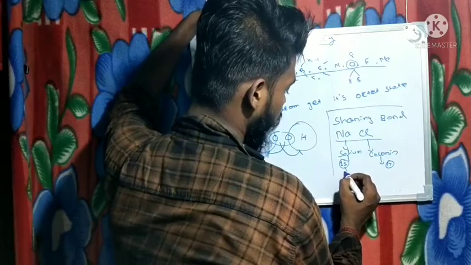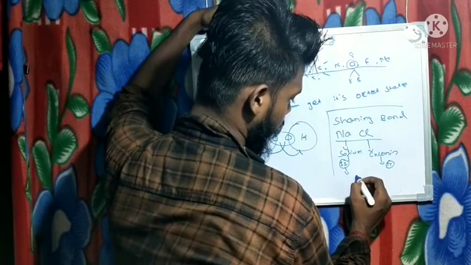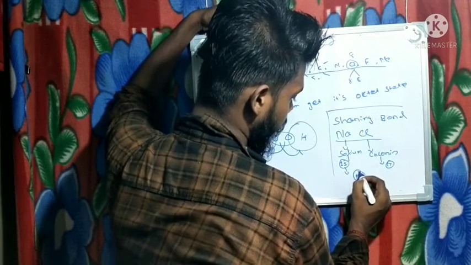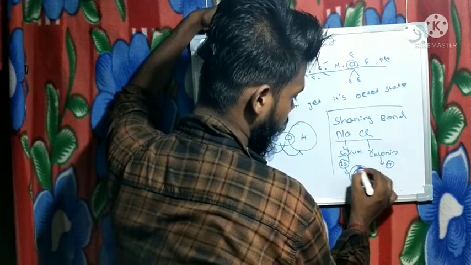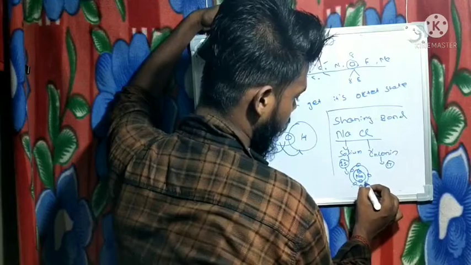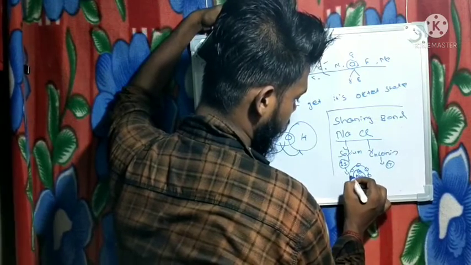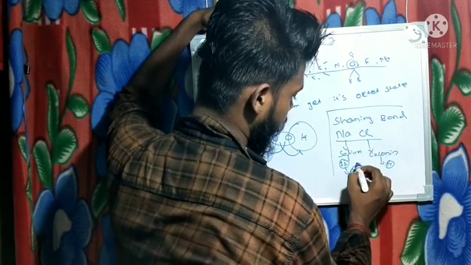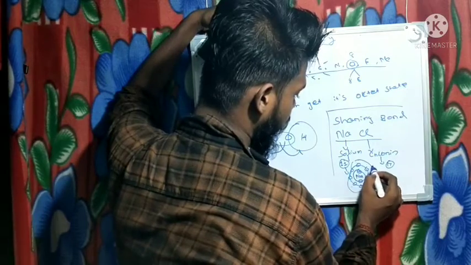If you see the electronic configuration of sodium, the K cell has 2 electrons, the L cell has 8 electrons, and the outer cell has only 1 electron.